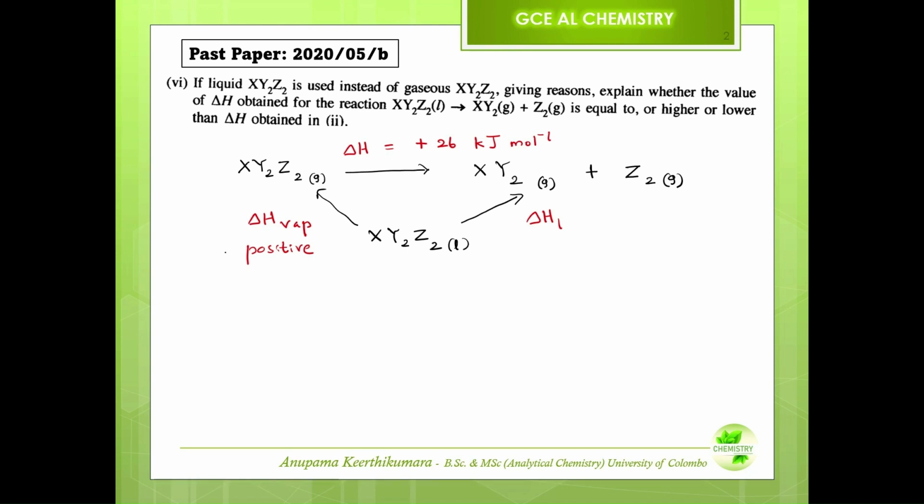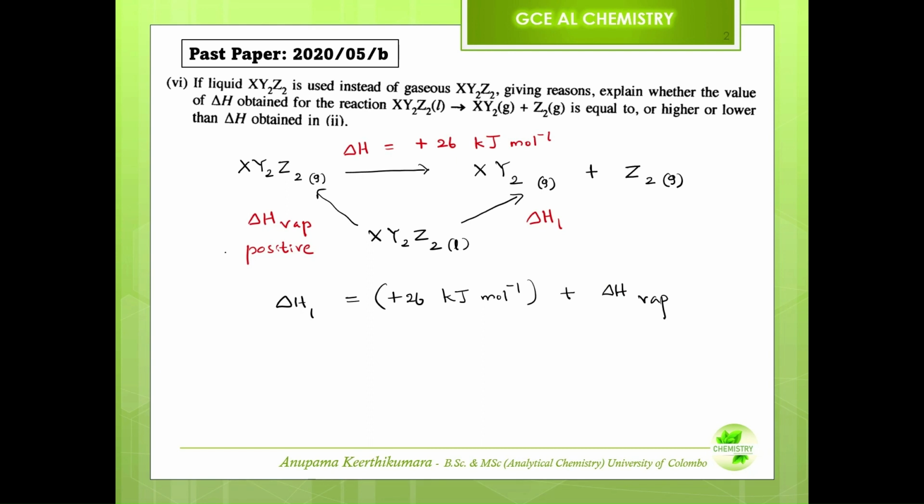According to Hess's law, we can write delta H1 equals delta H, or we can write plus 26 kilojoules per mole plus enthalpy change of vaporization.